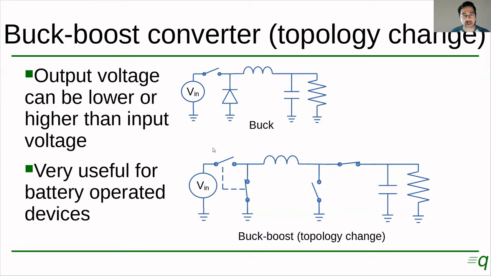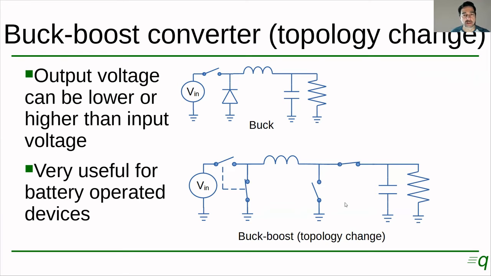So we could design a circuit that will make these two switches work in a way that when one is open, the other one is closed. So when we close this one, we open this one, and we have the diode not conducting, and we have the same current path as in the buck converter. When we open this one, instead of using a diode, we just close this switch and we provide a path for the current to flow again. All right. So that's how this circuit can work as a buck converter.